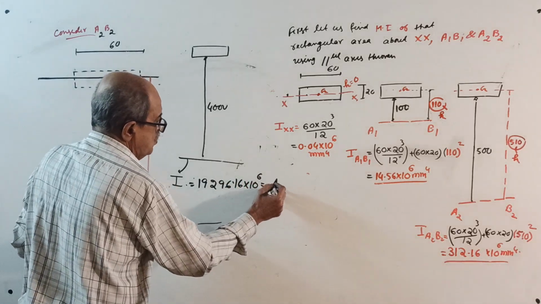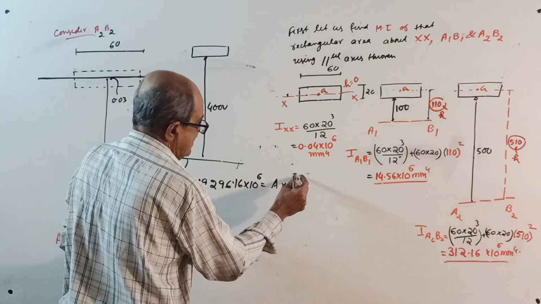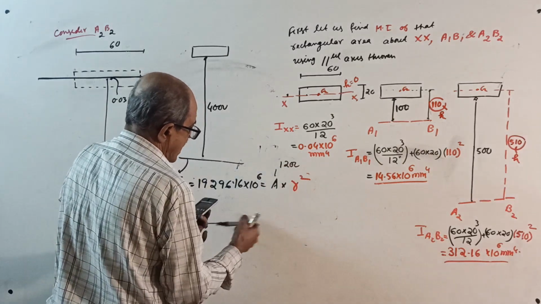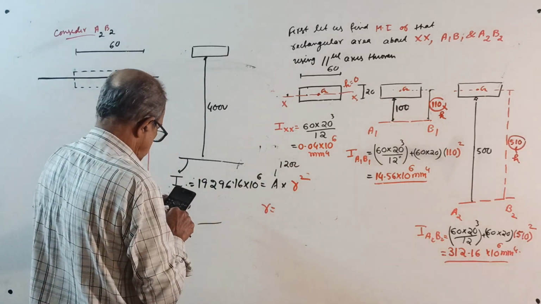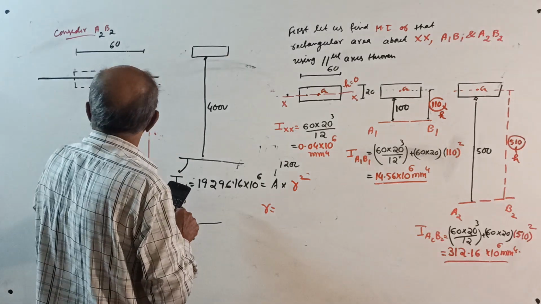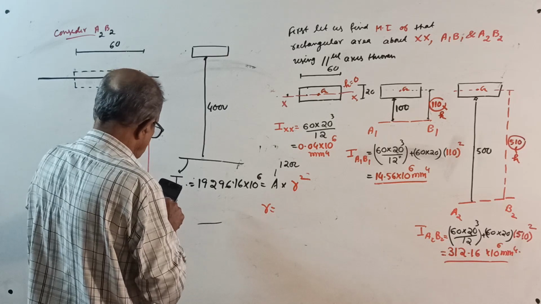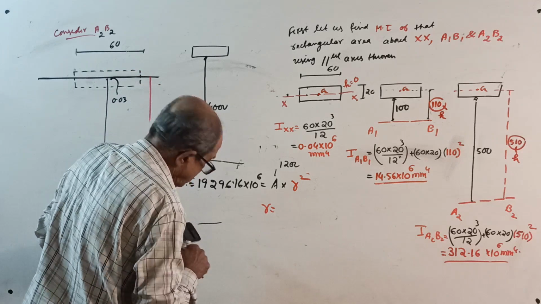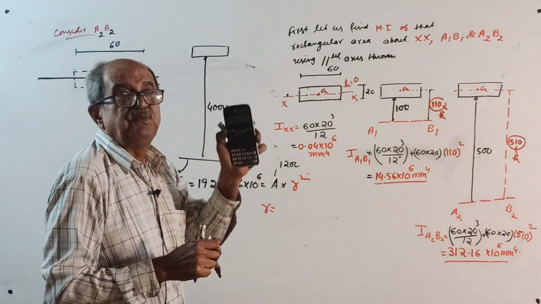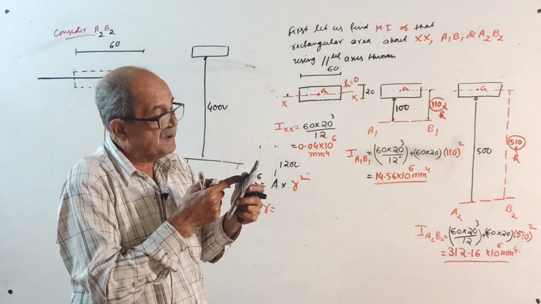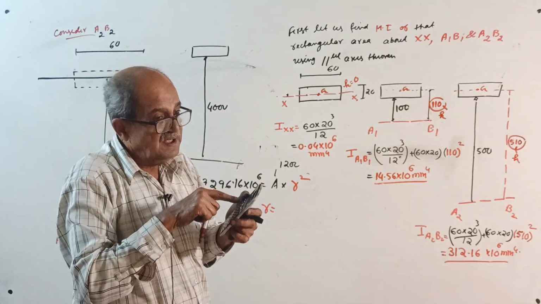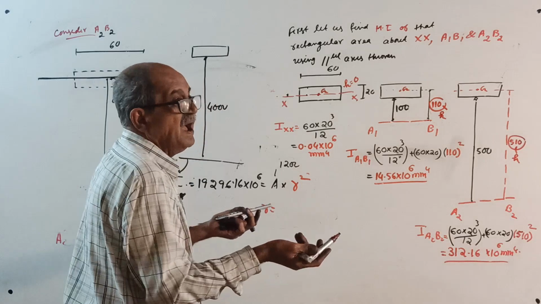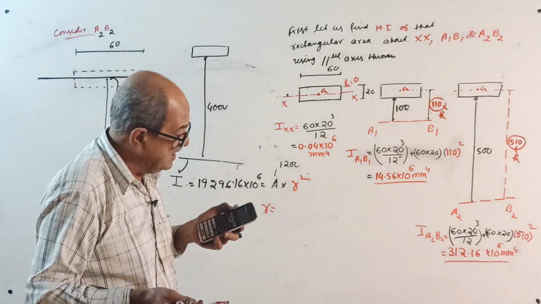This should be equal to area into r square, and area is 1200. Oh, it is correct actually. There is some stain in the calculator display; the digit is actually 4. I am unnecessarily wasting my time.